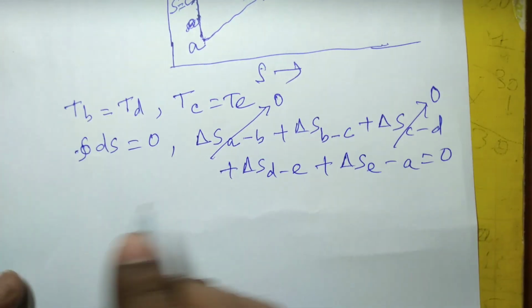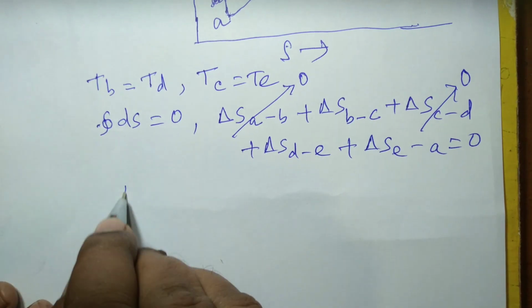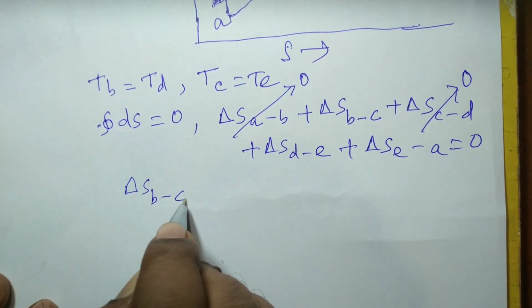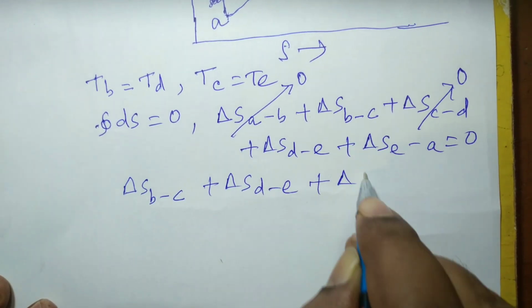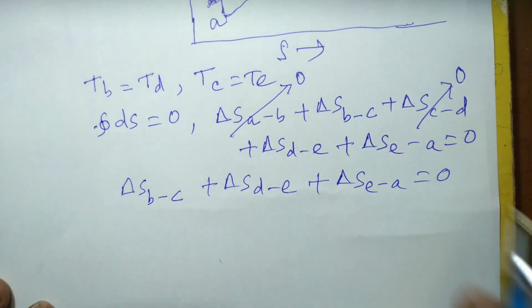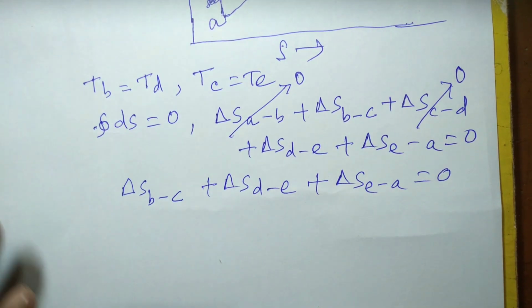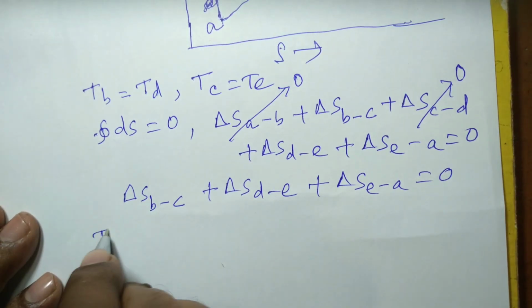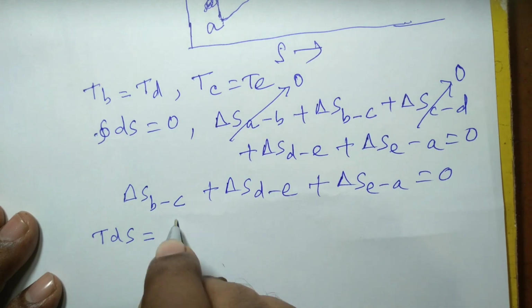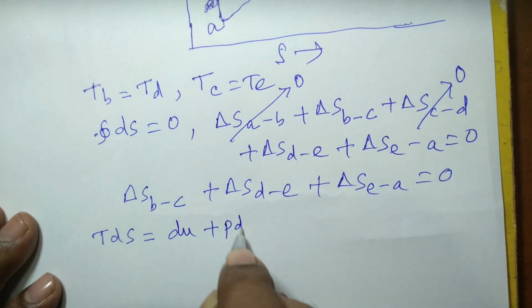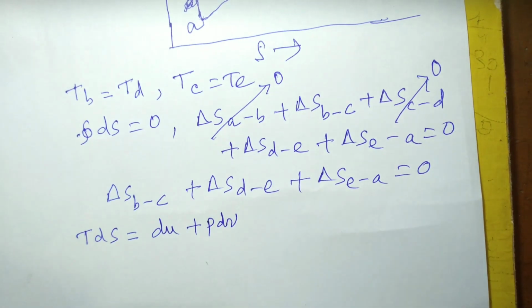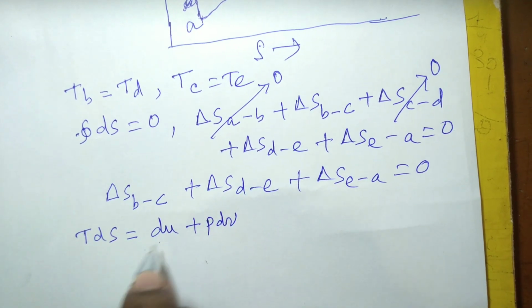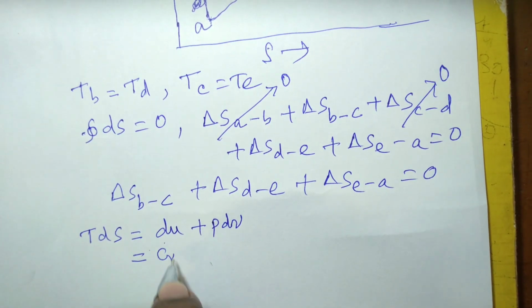So from this, what we find is delta S of BC plus delta S of DE plus delta S of EA is 0. Now we know that this equation is applicable for all processes, be it constant pressure or constant volume, whatever be the process. So for an ideal gas, du is CvdT.